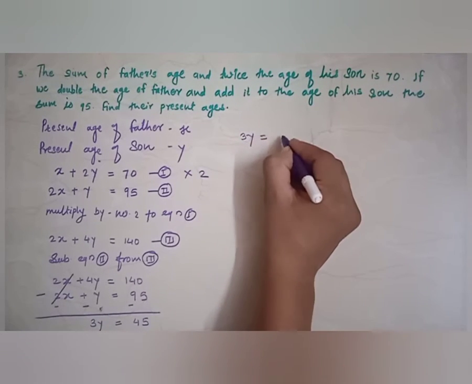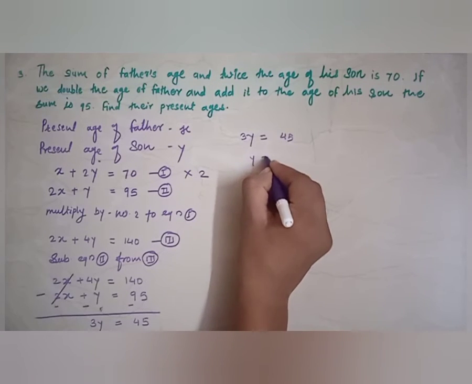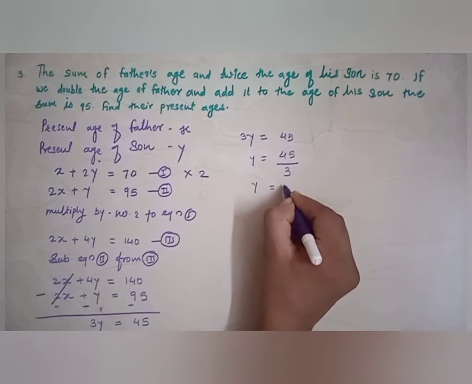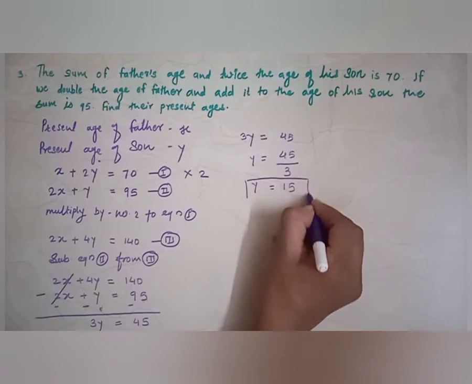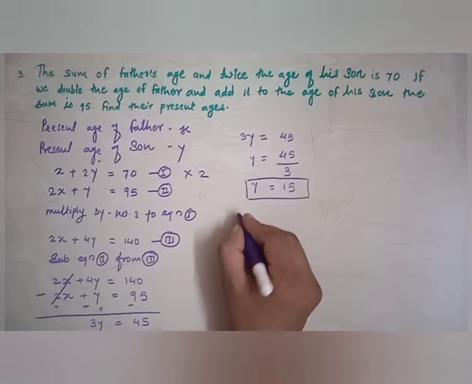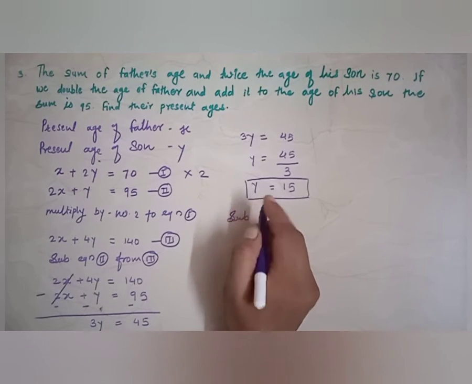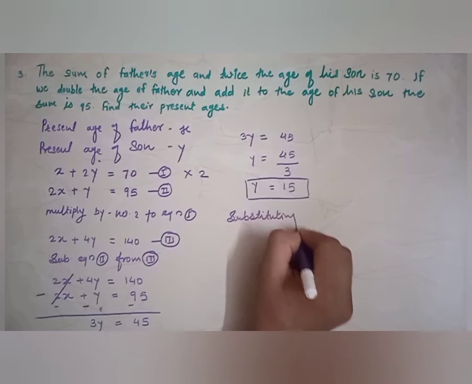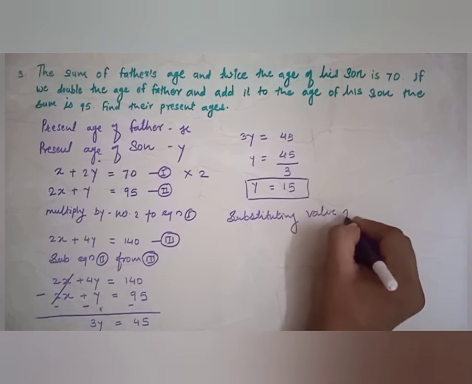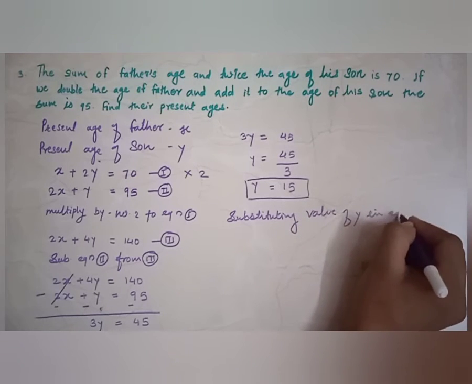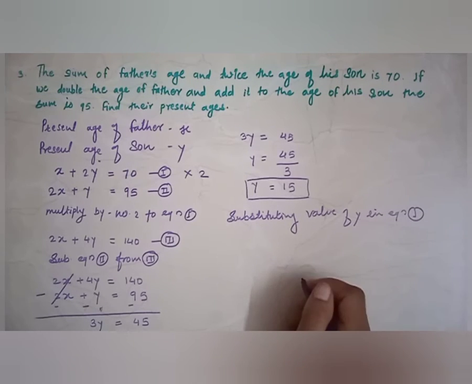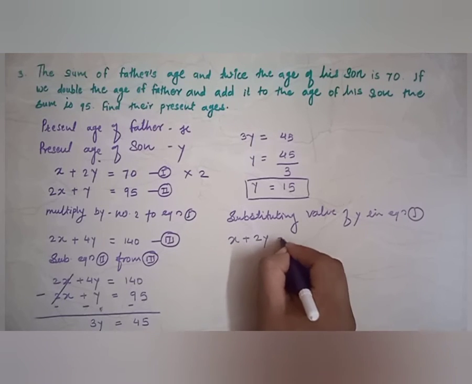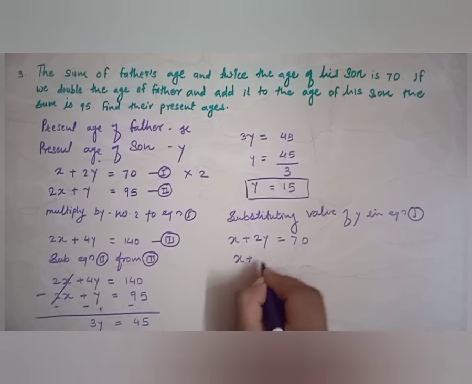We get the value of y: 45 divided by 3, so y is equal to 15. Then we can find the value of x by substituting the value of y in the first equation. x plus 2y is equal to 70, so x plus 2 into 15, x plus 30 is equal to 70.